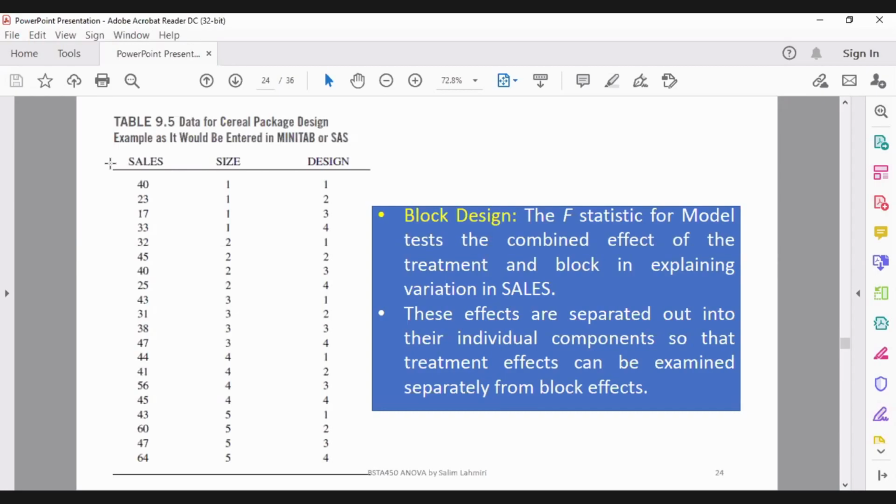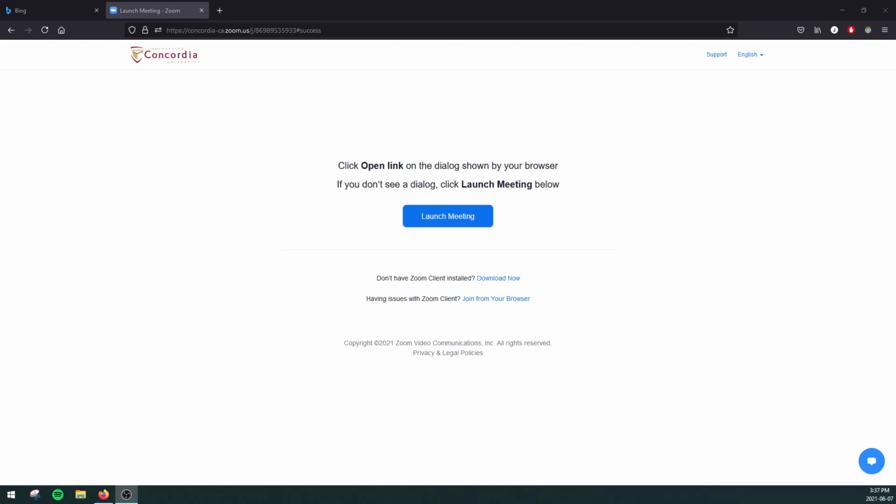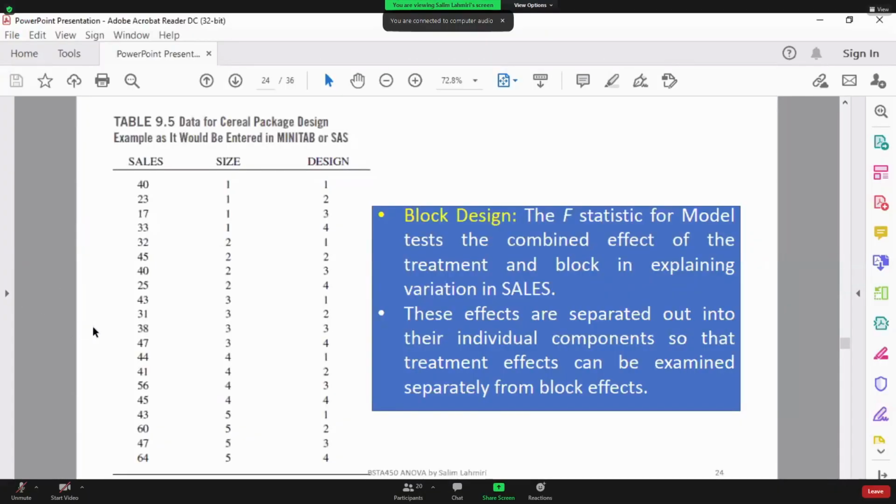And we need to check if the mean of cells is equal across sizes, and also if the means of cells are similar across designs.